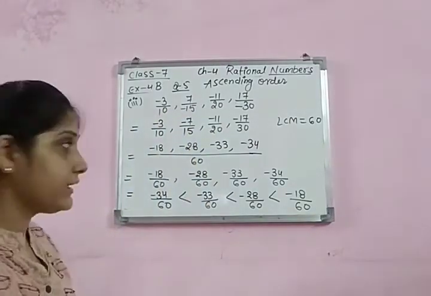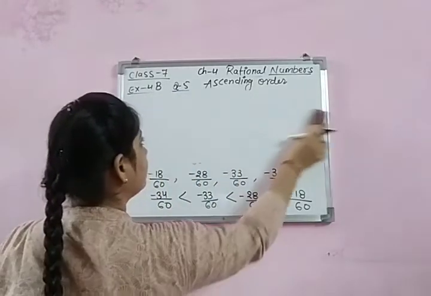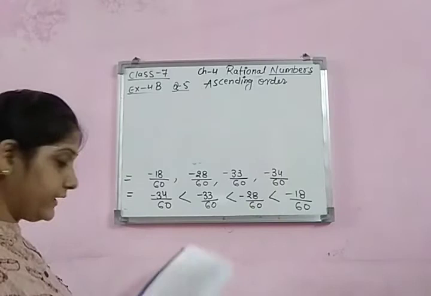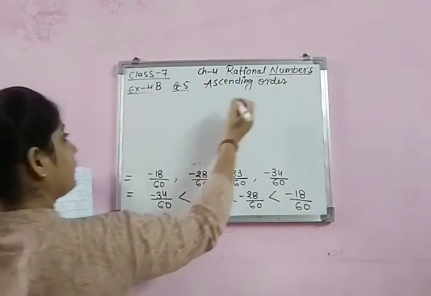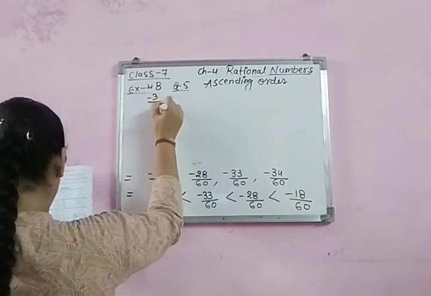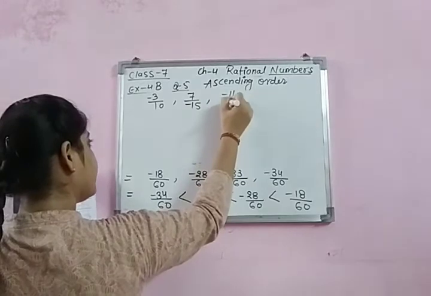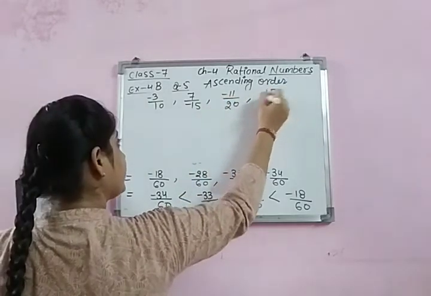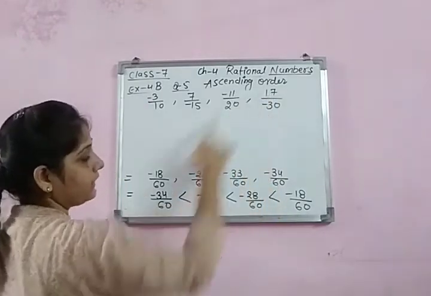So let's do that. So I am rubbing this, children. Sorry, I have rubbed the question. The question was minus 3 by 10, 7 by minus 15, minus 11 by 20 and 17 by minus 30. So we have written the last one at first.